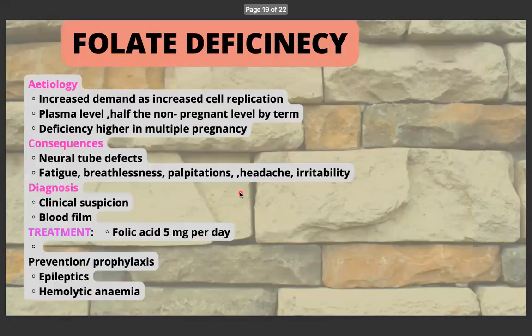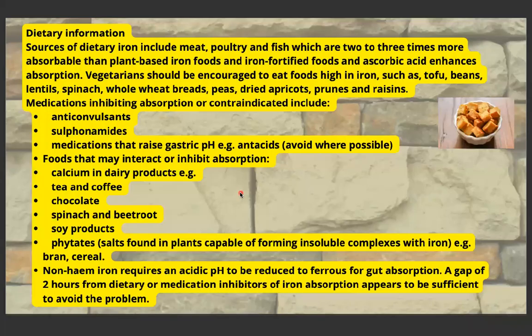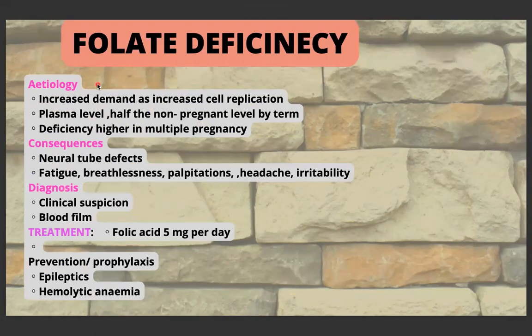And regarding folate deficiency, they found that there's also an increase in demand due to increased cell replication. So it's very important to give folic acid at least 1 month before a pregnancy and continue the first 3 months. Because if there's folate deficiency, this will lead to neural tube defect and fatigue, breathlessness, palpitation, headache, and irritability.